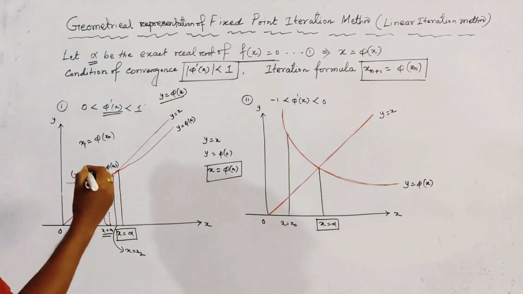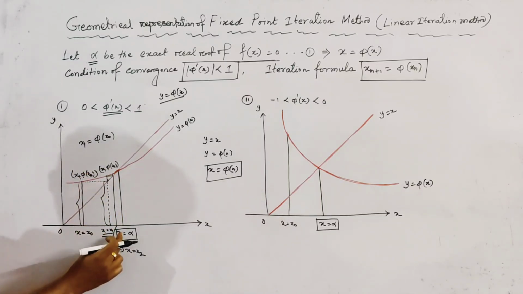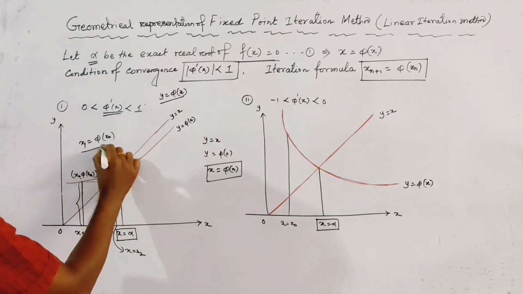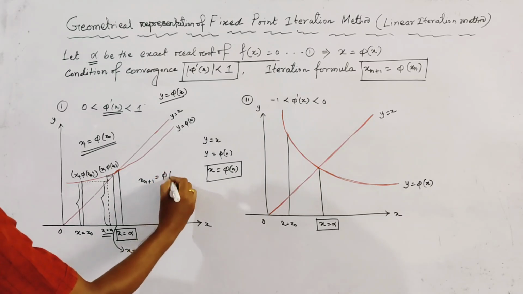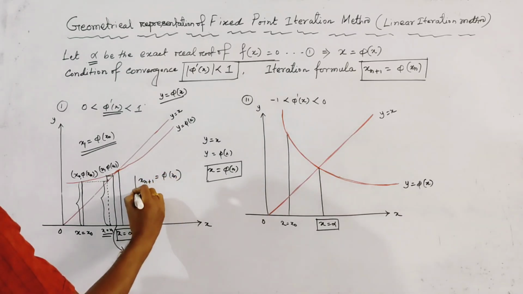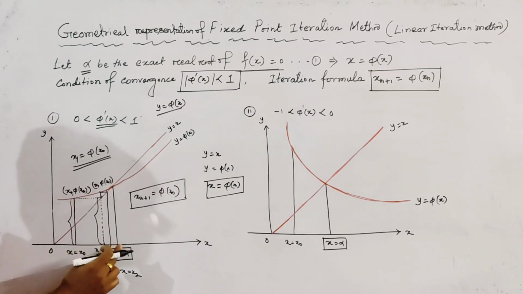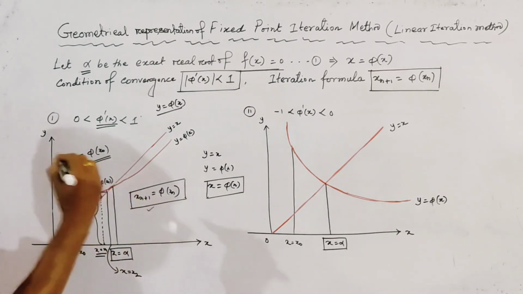Similarly, if we continue this process, we get closer to alpha, getting the iteration process x_{n+1} = phi(x_n), and it is clear that the process geometrically becomes closer to alpha when we take successive approximations by this formula.